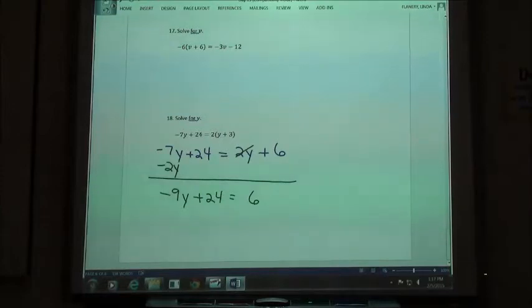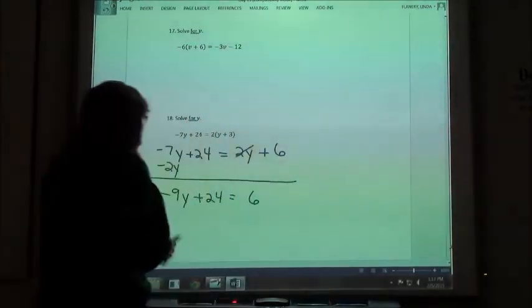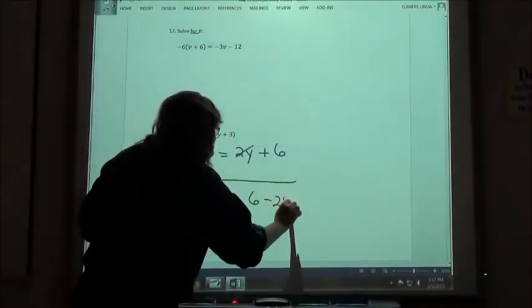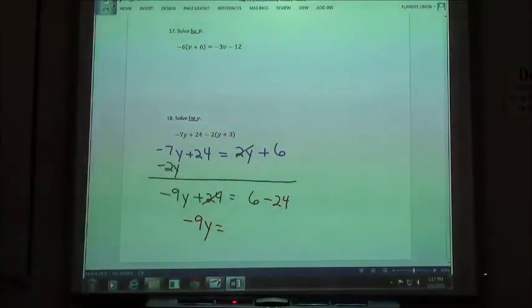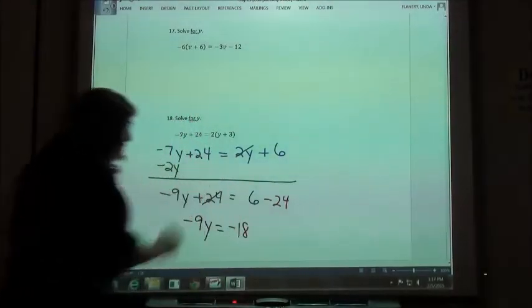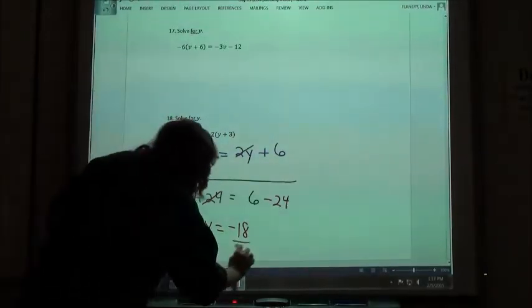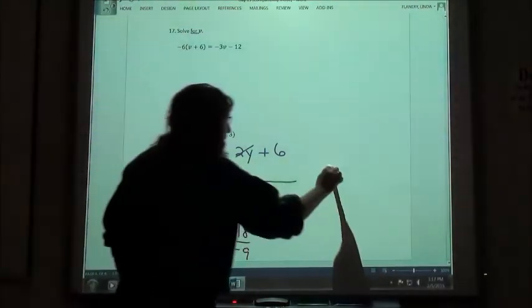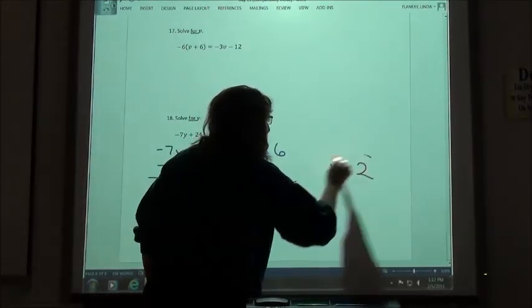Because then what you're going to do, minus your 24, right? 6 minus 24 is going to give me what? Negative 18. And then my last step, divide by my negative 9. y is going to equal 2.